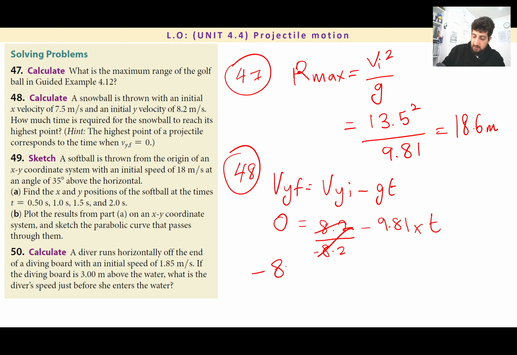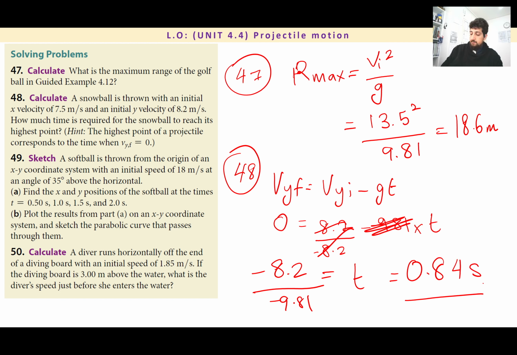And then we have minus 8.2 on this side, equals negative 9.81 times t, so I'm just going to divide by negative 9.81, so that gets rid of that as well, and that equals t. So t is going to equal minus 8.2 divided by minus 9.81, which is 0.84 seconds.